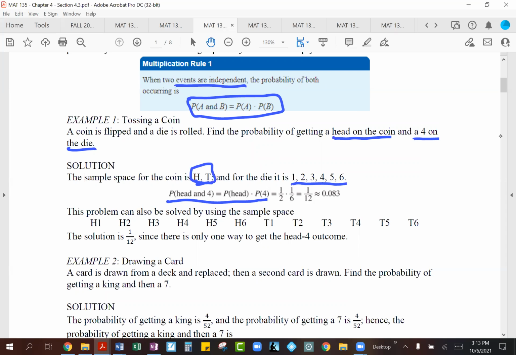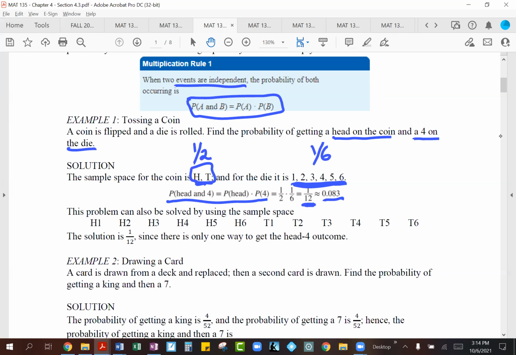So you have head and tail, 2 outcomes, which means the probability of landing on a head is going to be 1/2 because that's 1 outcome out of these 2. Landing on a 4, that's 1 outcome from a total of 6. Out of 6, there's only one number where you have a 4. So you can see we're multiplying the 1/2 with the 1/6, and that gives us the probability of 1/12.